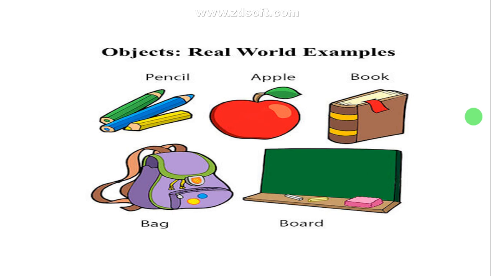Consider real world examples. If you have an apple, that apple is an object. If I have a pineapple, that pineapple is an object, but all these fruits belong to the same class called fruit. We could also consider a book.